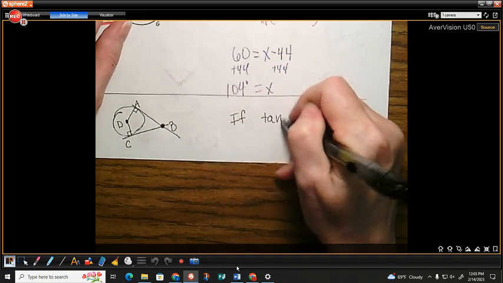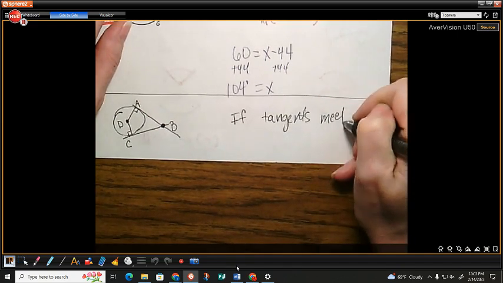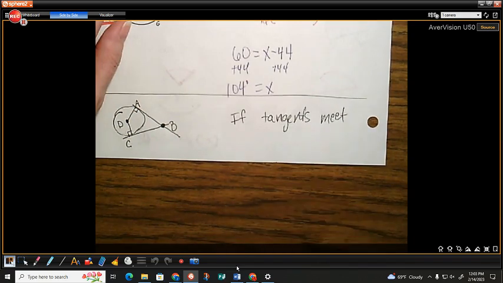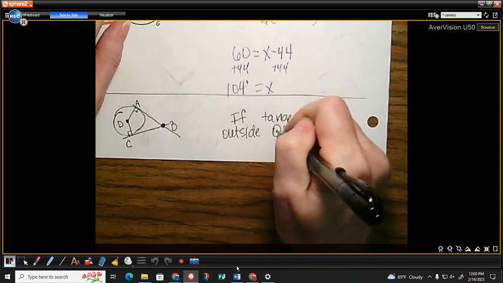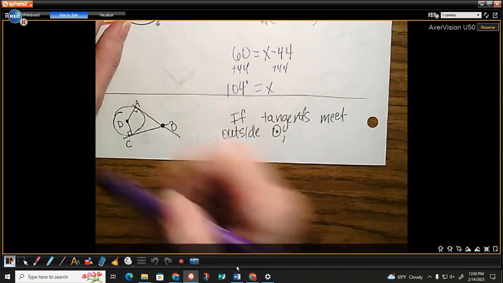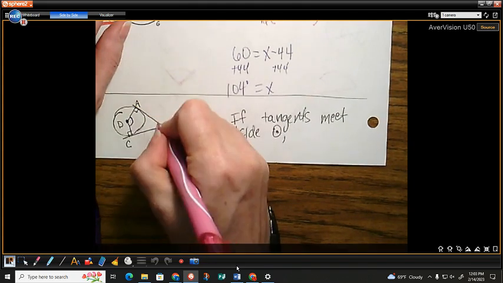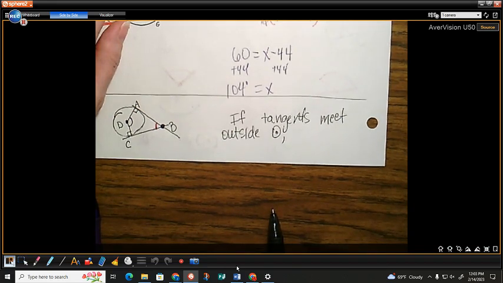Your bonus fact of the day is, if tangents meet, where are they meeting, inside or outside? Outside. Always outside, because they never go inside. So if they meet outside your circle, what's going to be true about that central angle and this little pointy outside angle? Supplementary.